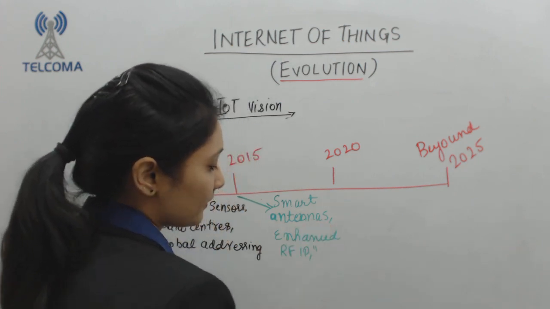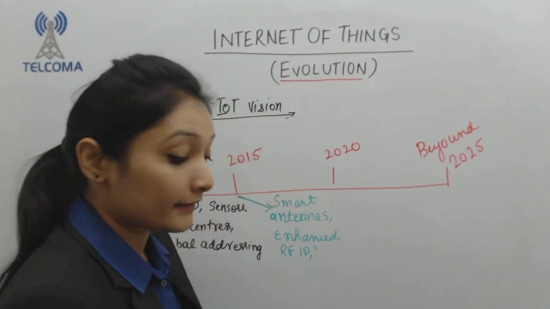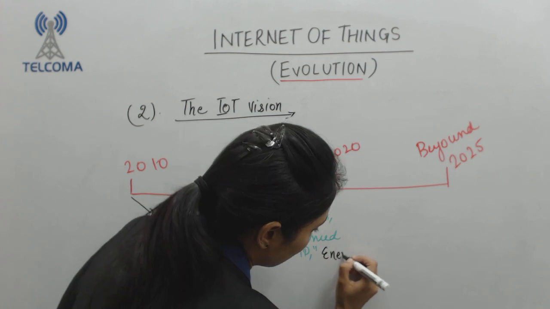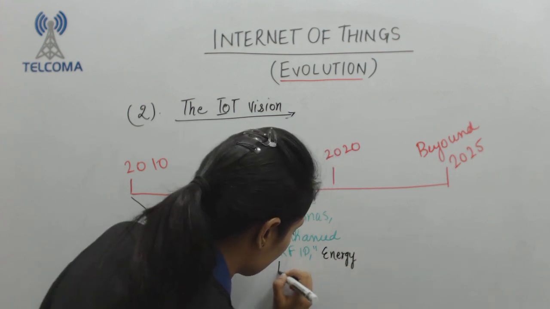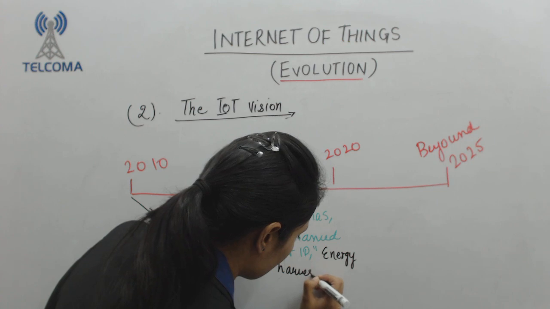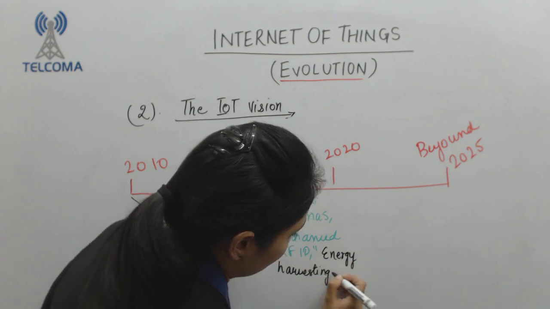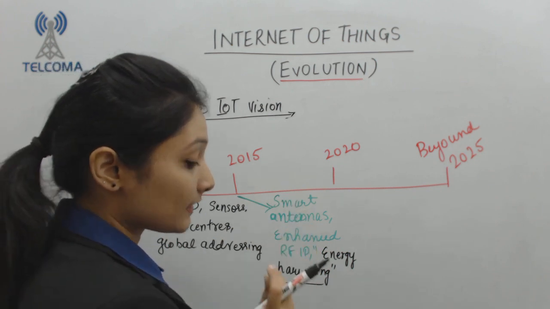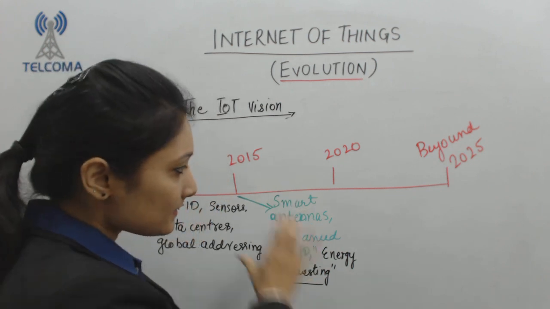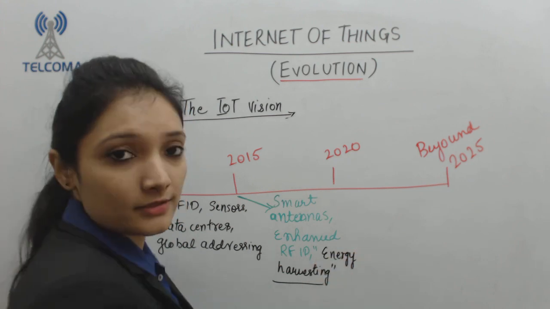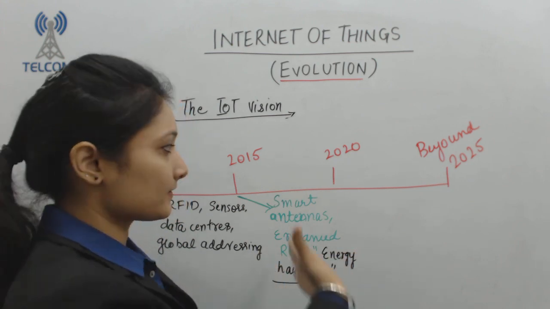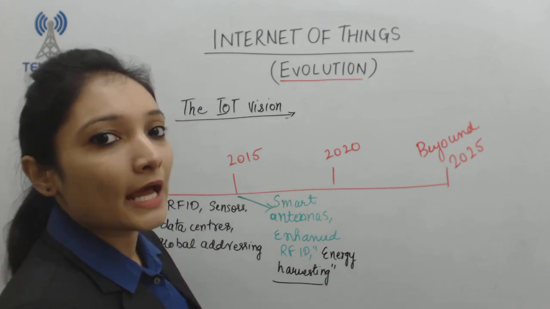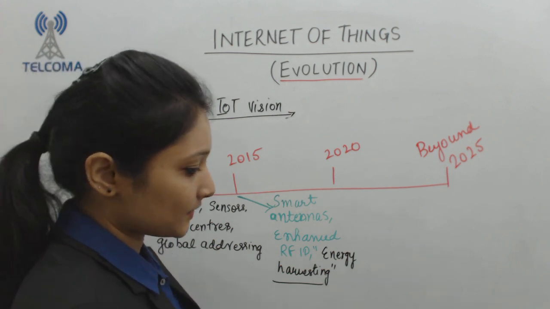And by this year, there has been a focus on energy harvesting. So, enhanced RFID, smart antennas, energy harvesting. That means we have such applications here. So this IoT can be used in great detail in industrial ecosystems and in retail systems.